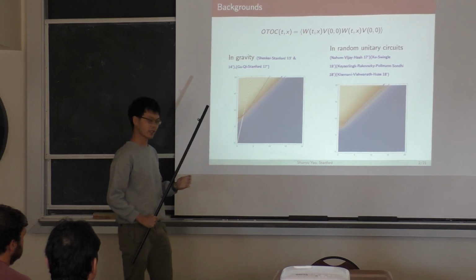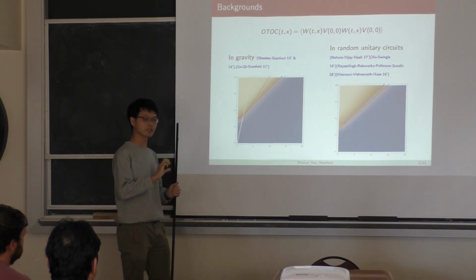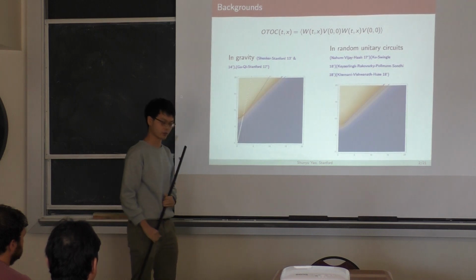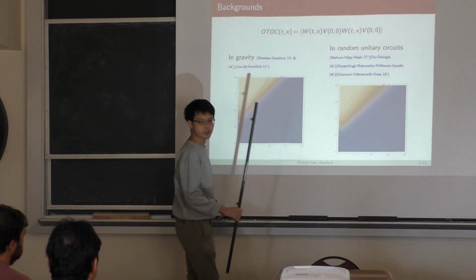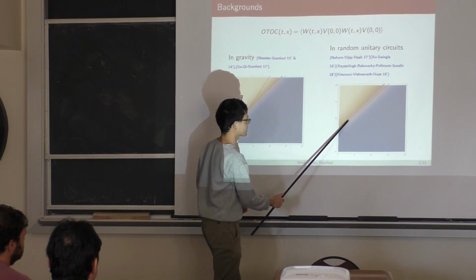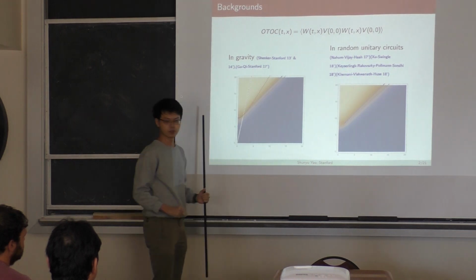In the gravity case, you can see the separation between the dotted line and the solid line basically doesn't change as you go far along the butterfly cone. However, for random unitary circuits, the separation between these two lines becomes larger and larger along the light cone.